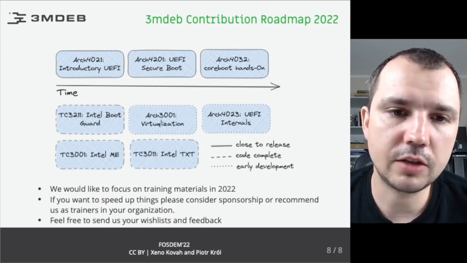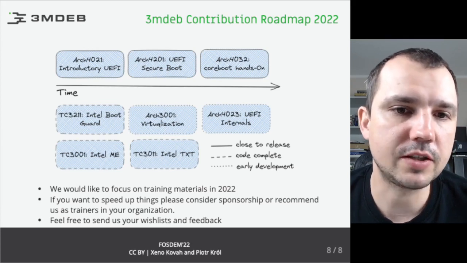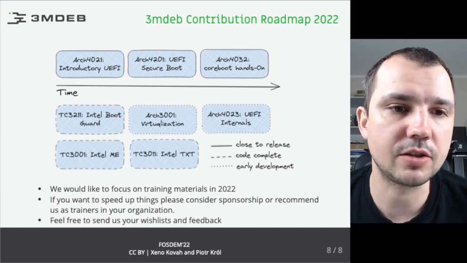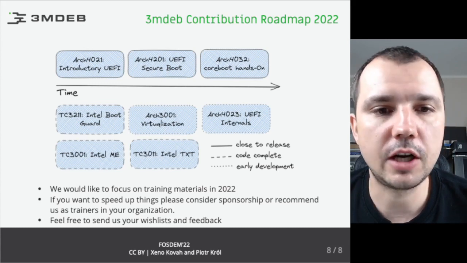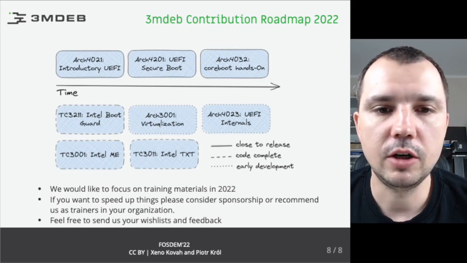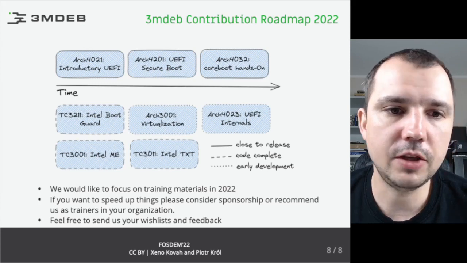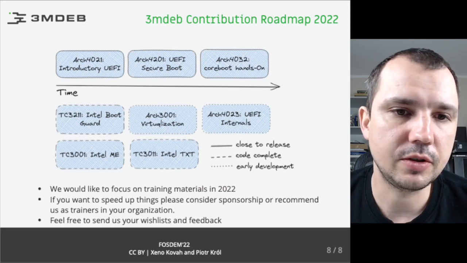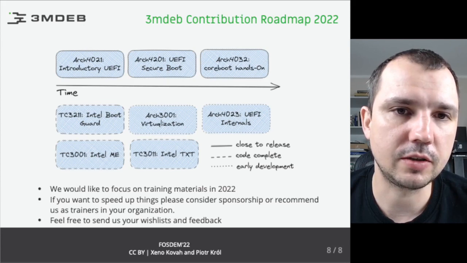If you would like to speed things up, if you like some of these trainings and would like to see them faster, definitely sponsorship could help, and recommending us to train in your organization would also be very helpful, because you can be sure that part of that will go to the open source community in the form of training materials. And feel free to send us wish lists and feedback, because that is always helpful to know what you think about this project and how we can improve it.